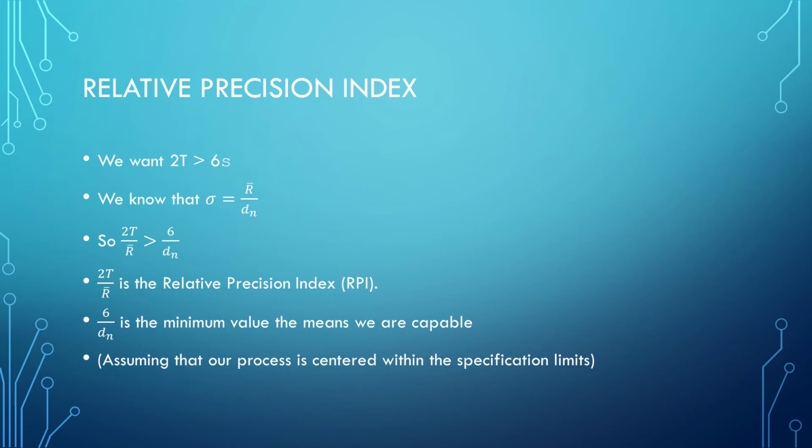So 2t over the average range has to be greater than 6 over Hartley's constant. So that gives us a relative precision index of 2t over the average range and a minimum value that tells us that we're capable. Now notice that this is assuming that our process is centered directly between the specification limits, because that's what's keeping the tails inside the tolerances. In other words, this is really only looking at precision, not accuracy. So if we use this, we need to be careful to make sure that we're checking accuracy in some other way.